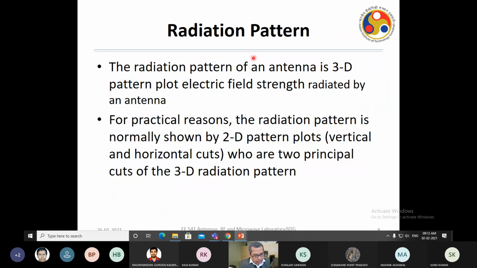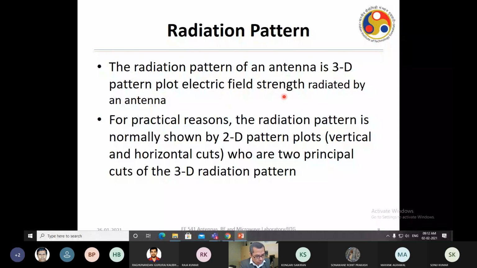So the purpose of this experiment is to plot the radiation pattern of the antenna, and you know the radiation pattern of an antenna is the 3D pattern plot of electric field strength. It can be a power plot also. Usually we plot the electric field strength.